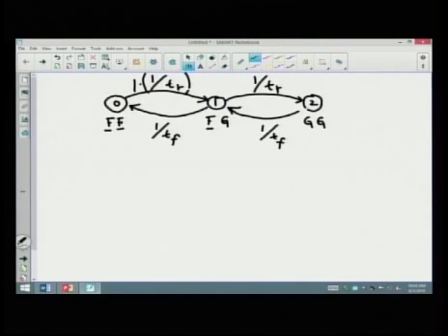So now let's construct the balance equation that we talked about last time.